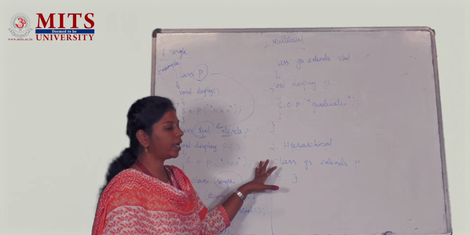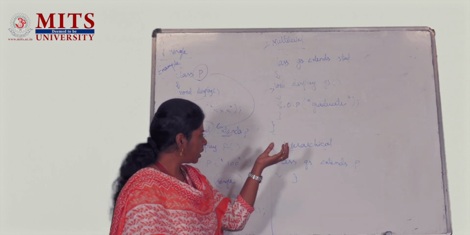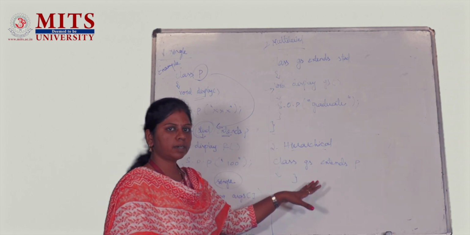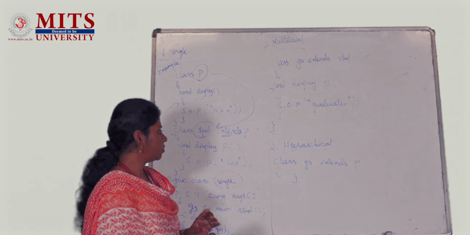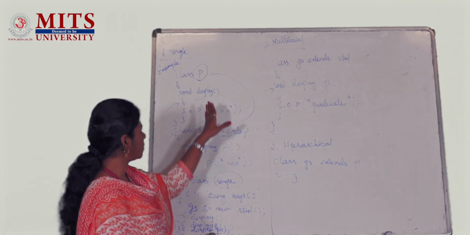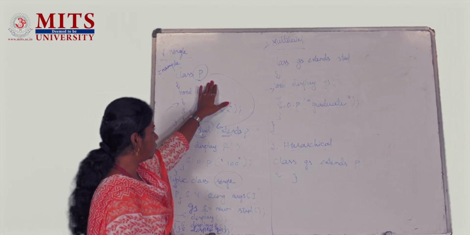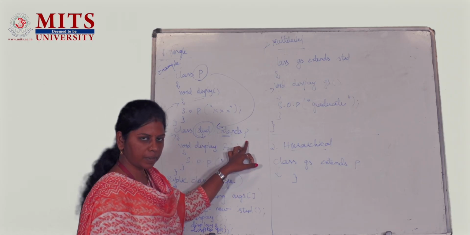And the last one is hierarchical inheritance. This is a simple one. We are deriving more than one subclass from a single base class. Just consider the single base class is class parent. What is our subclass? Class student extends P is a subclass.